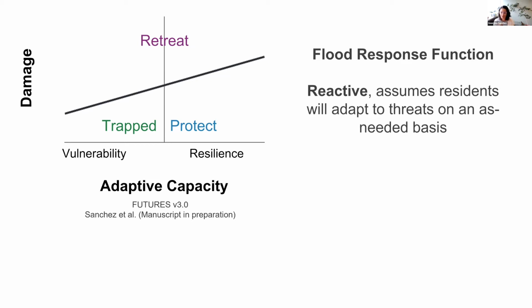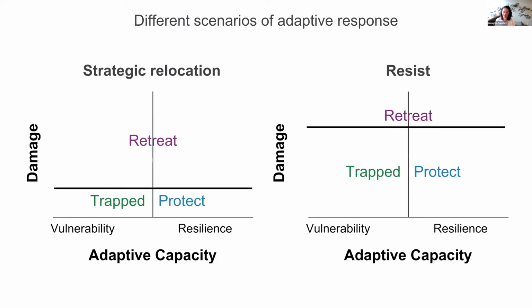But please keep in mind that this framework is very flexible. We can refine the function and parameters to better represent local realities using input from communities through co-production and participatory modeling methods. And we can have other scenarios like what I'm displaying here.